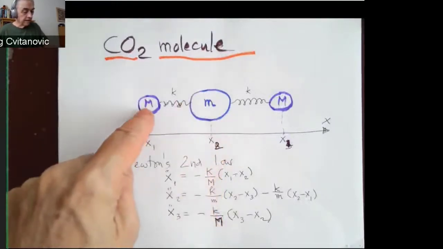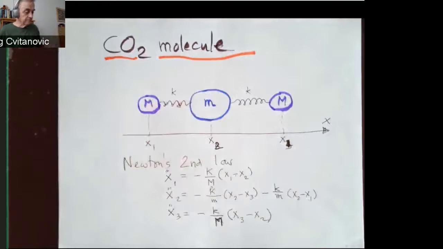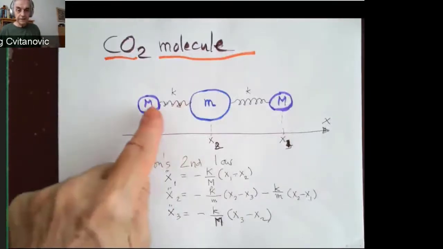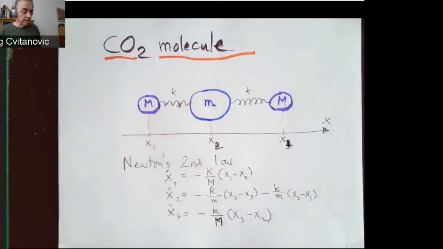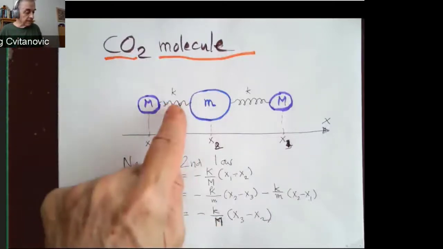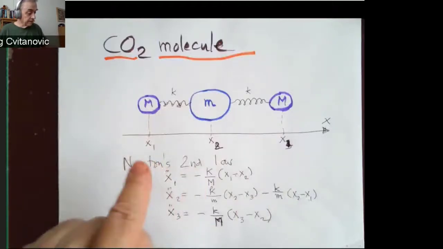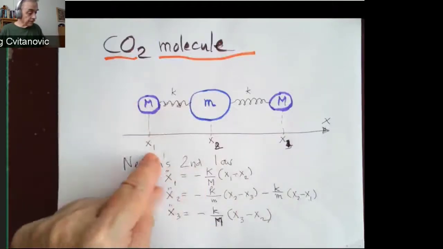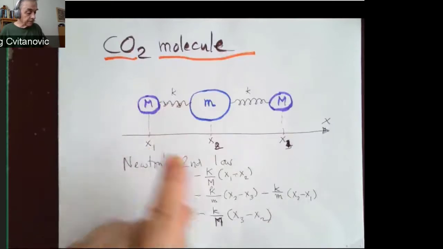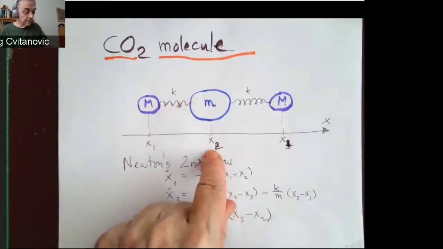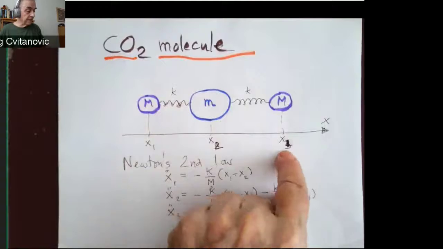There are two oxygens with masses capital M. They're connected by harmonic or spring potentials with stiffness K. At first instant in time, one oxygen is at position x1, the other one is at position x2, the third one is at position x3.